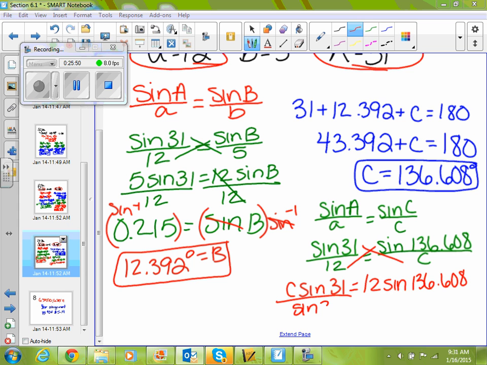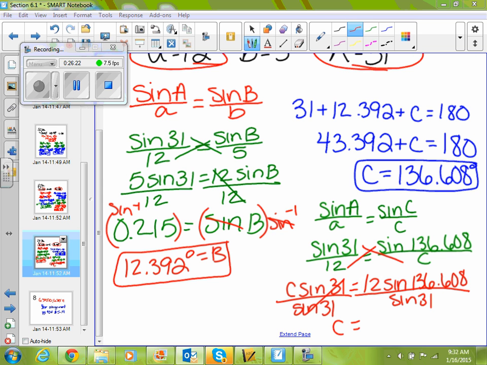Then I divide by sine of 31. So the first thing I have to figure out is 12 sine of 136.608. If I plug that into my graphing calculator, I get 12 sine of 136.608 is approximately 8.244.